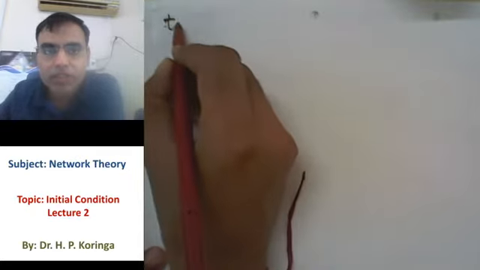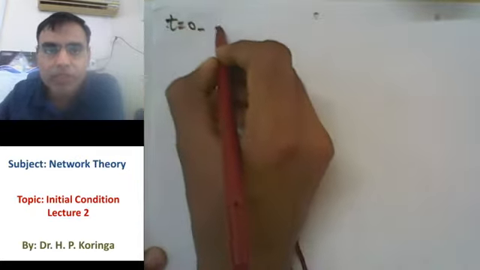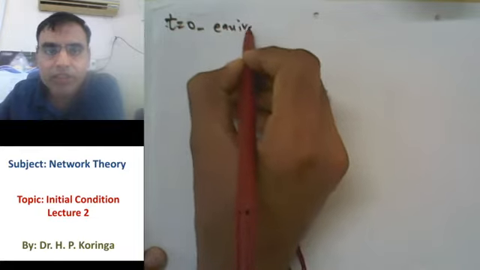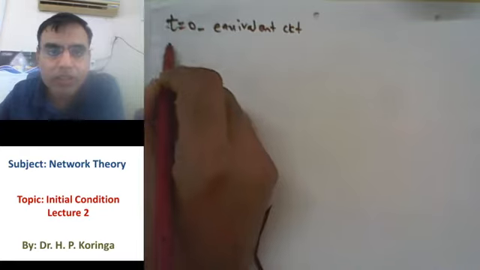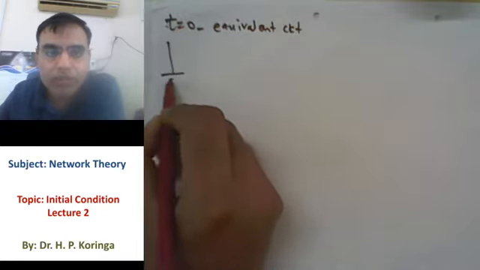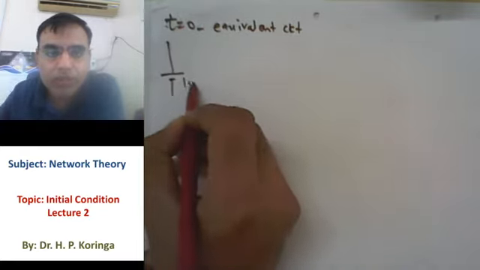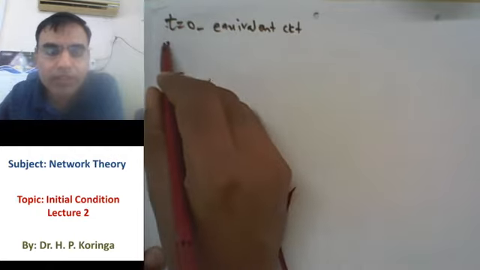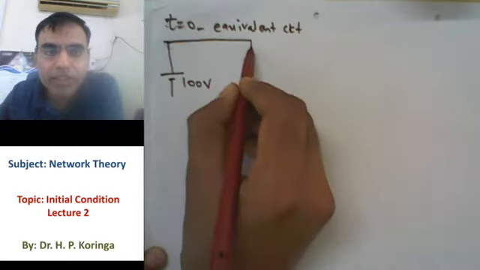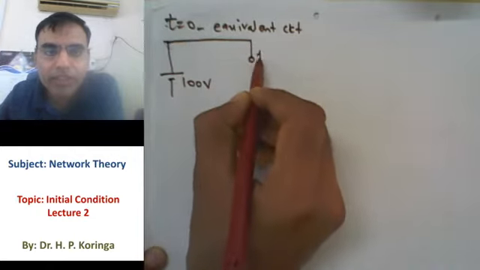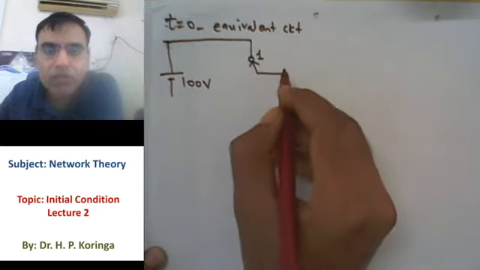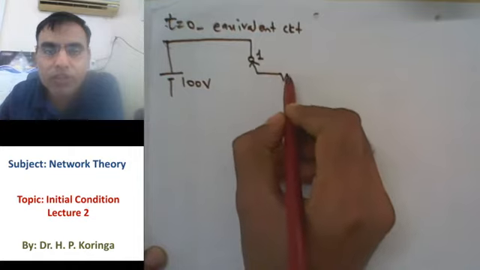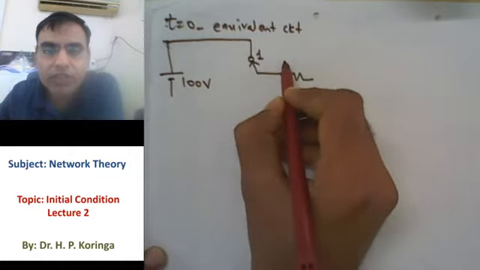This 100-volt supply is connected, the switch is at position 1, and here we have a 1 kilo ohm resistor.